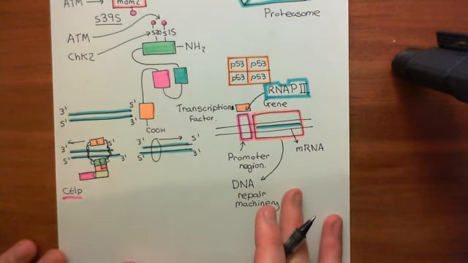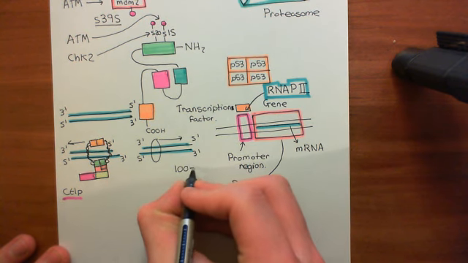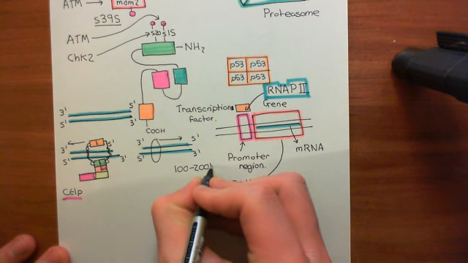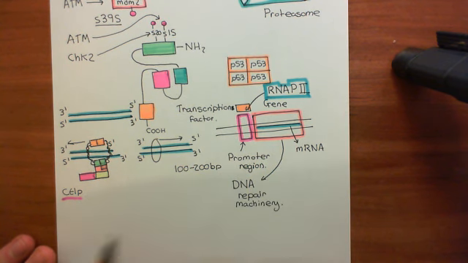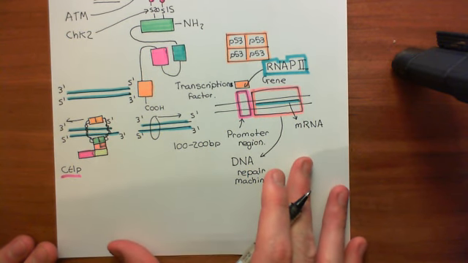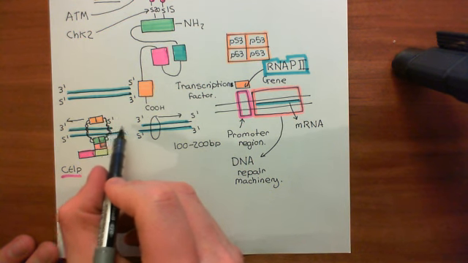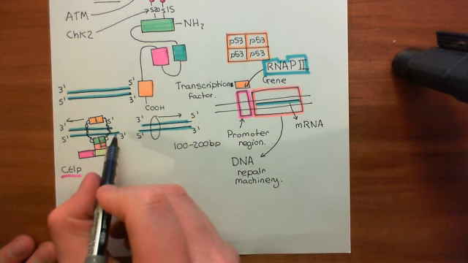It will move up by around 100 to 200 base pairs. So it's going to move right up the DNA. And then it's going to make an endonuclease cut in the DNA, and it will cut the one which has its 5' end facing into the free end.